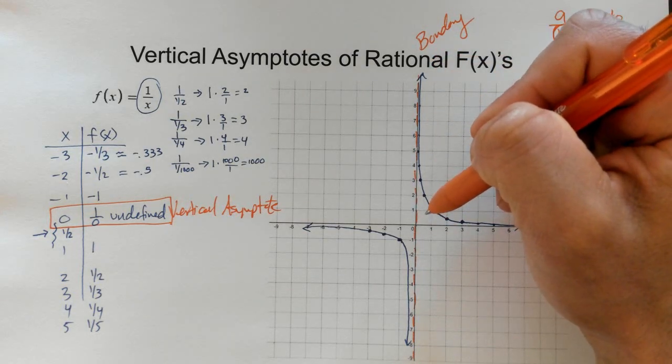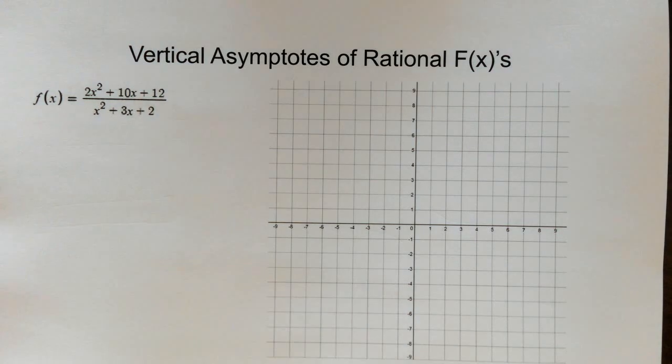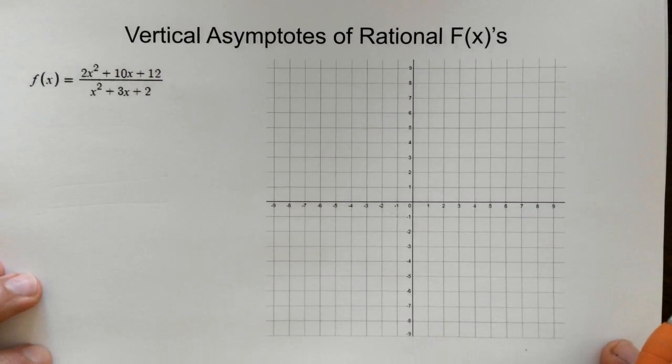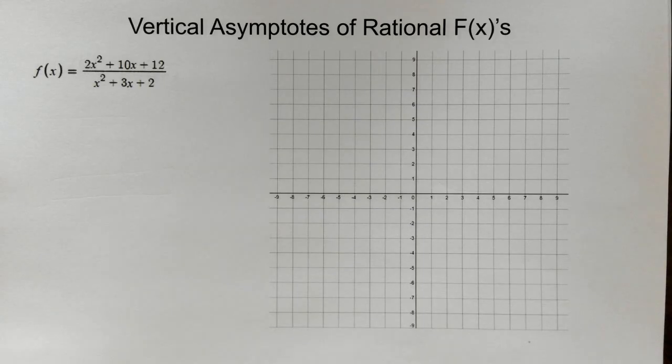All right, let's do another example so you can see what these look like. So now here we have a little bit more complex situation, right? Anytime that you have a rational function, our goal is to first simplify the function as much as possible. Our goal is to work with the simplest form of the function.